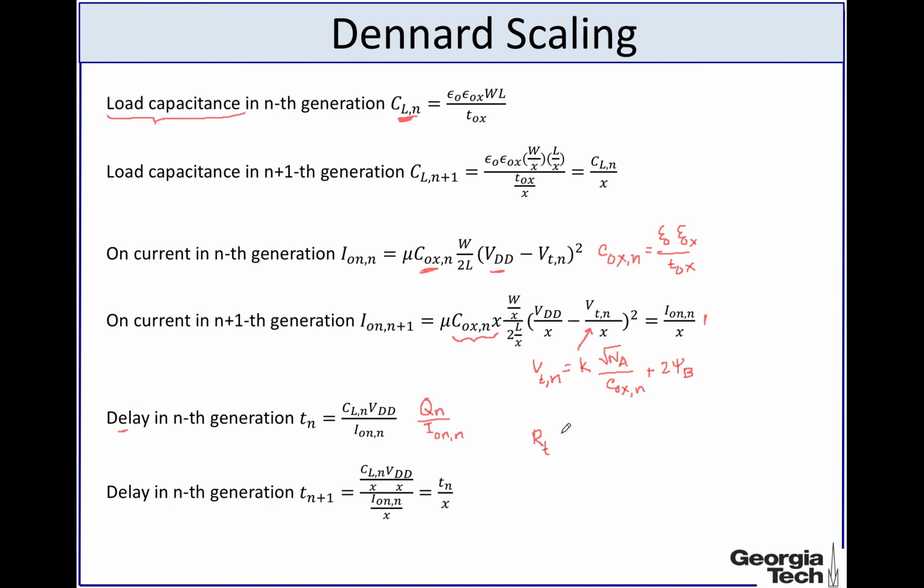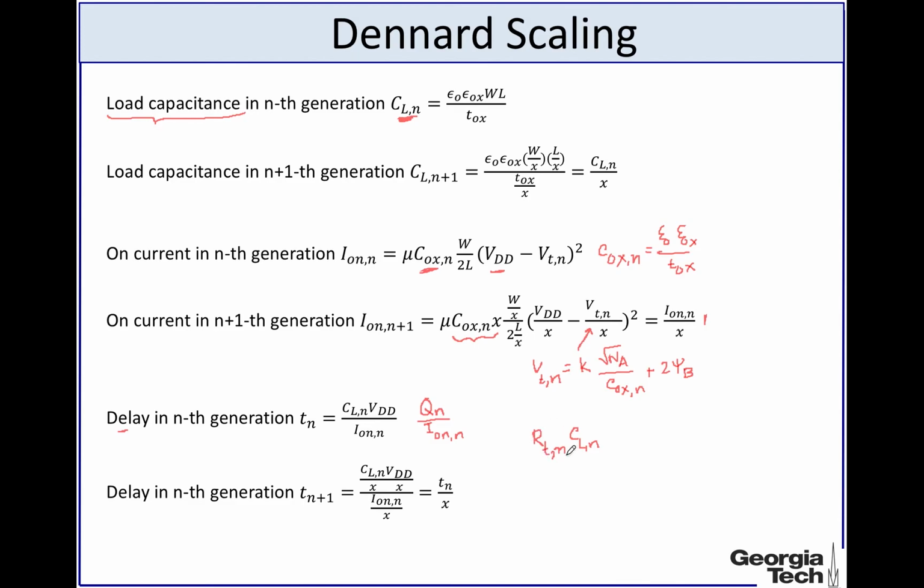Now in the class, what we have shown is that the rise delay, fall delay, or the rise transit time, fall transit time are all proportional to RTN CLN. And we also derived an equation for this effective resistance.